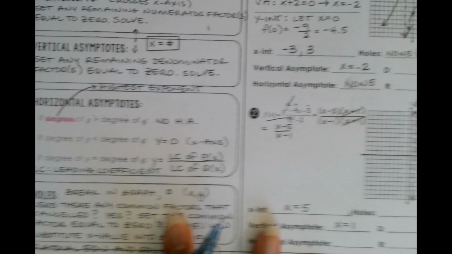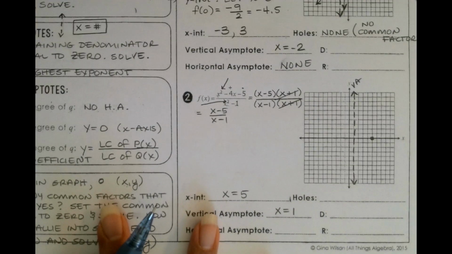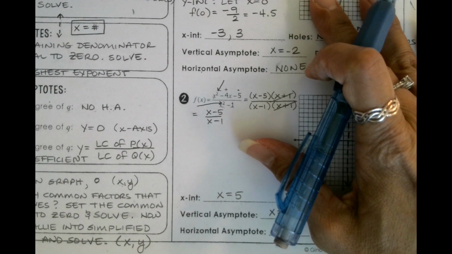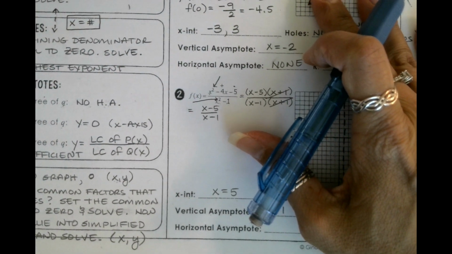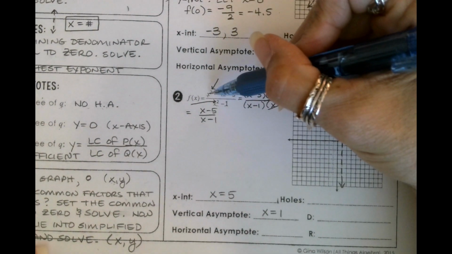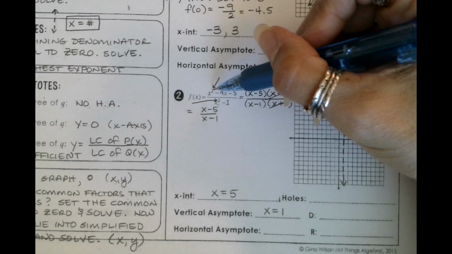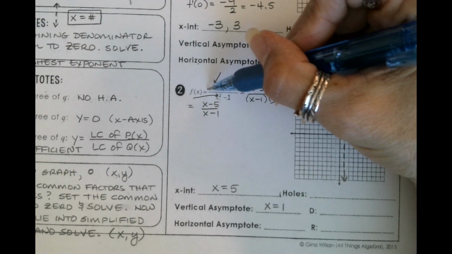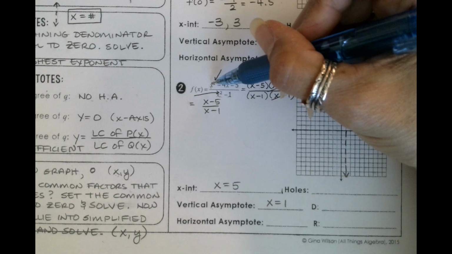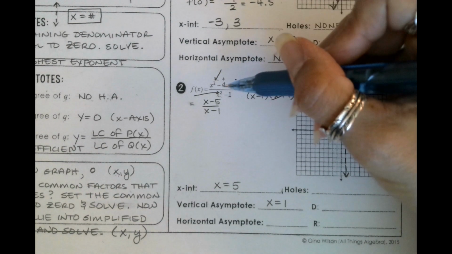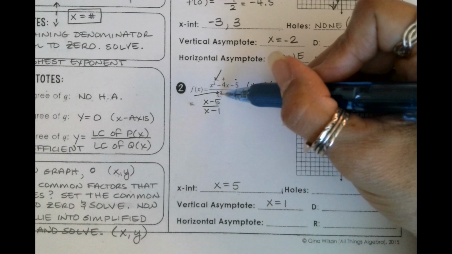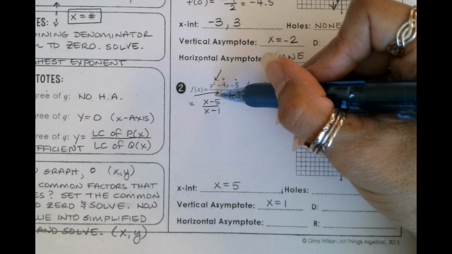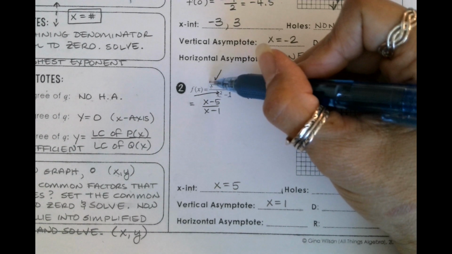So let's look at what the leading coefficients are. The leading coefficient of my numerator is the number in front of x squared. That number is an invisible 1. The coefficient of the x squared downstairs is also a 1.